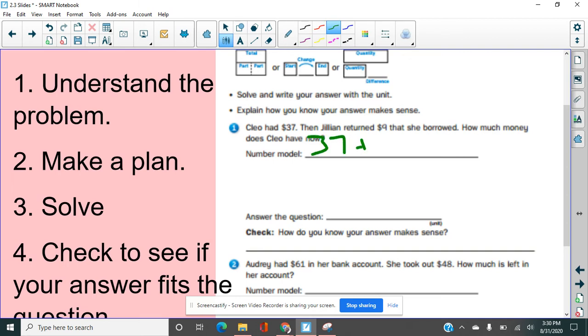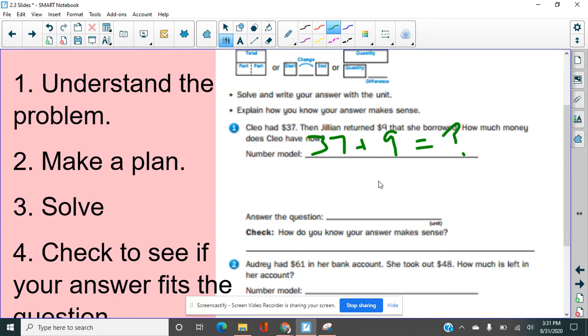37 plus 9 equals question mark, right? That's what we're using here to show an unknown. 37 plus 9. So I'm going to think, okay, 37, three more would give me 40, and then I would have six left, right?